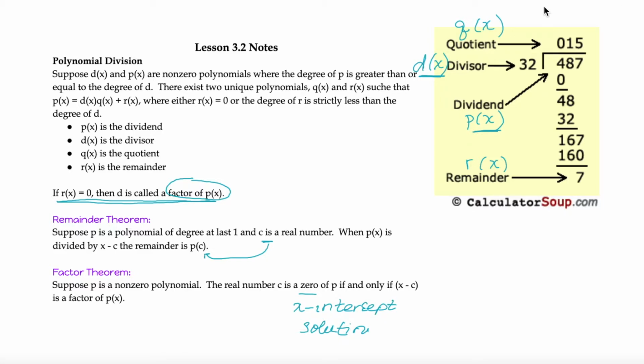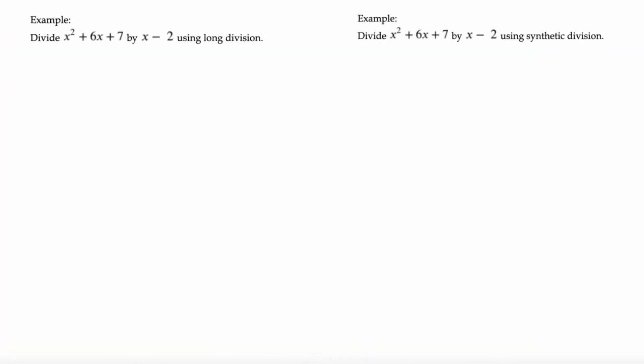Let's head over to slide 2 where we can look at some examples. I have x squared plus 6x plus 7, and let's divide by x minus 2 using long division. We want to make sure that our polynomials are written in descending order, so that the highest exponent is first and then every subsequent one after that.